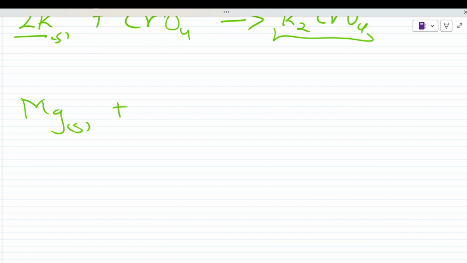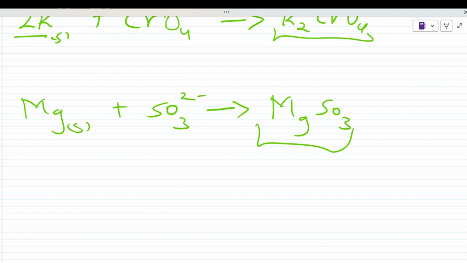Let me take sulfite, SO3 2 minus, then I'm going to have Mg, because it is a group 2, both have 2, SO3. Then this is what I'm going to form at the end of the day, and the equation is balanced. So this is aqueous, this is still more of aqueous. Then that's what we are going to have at the end of the day.